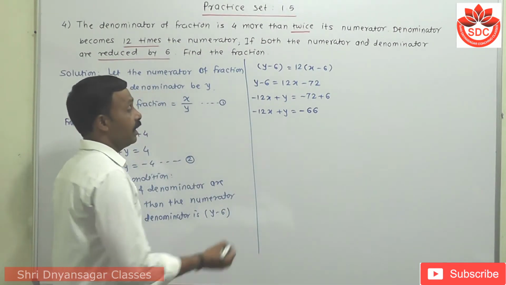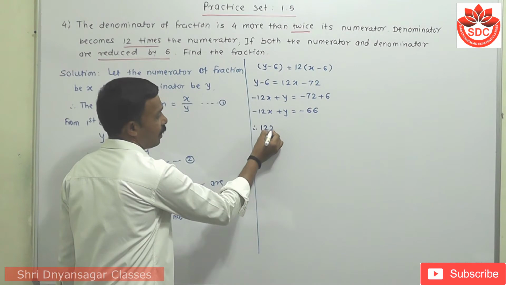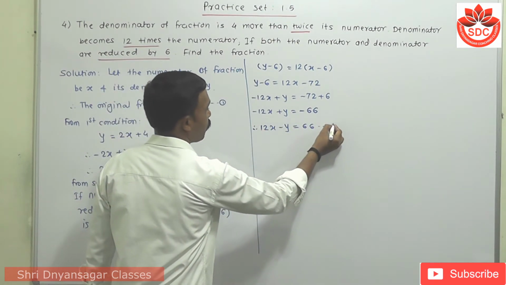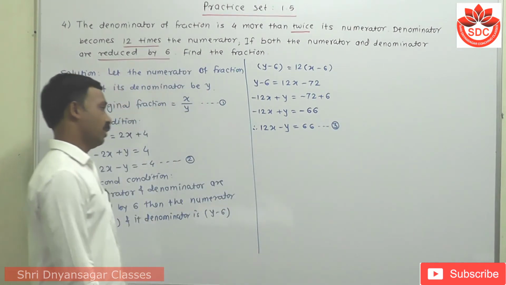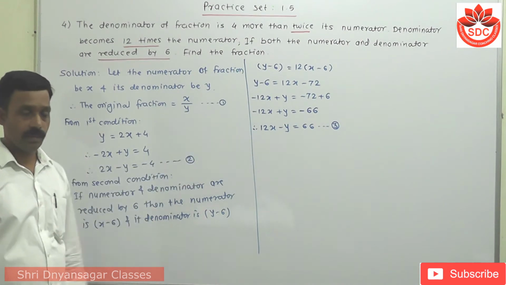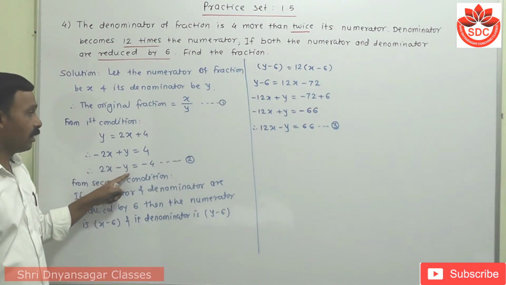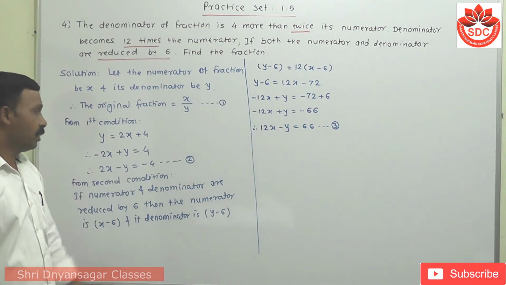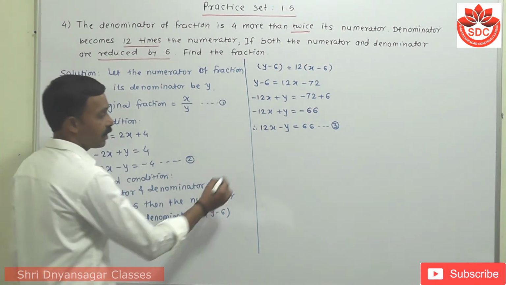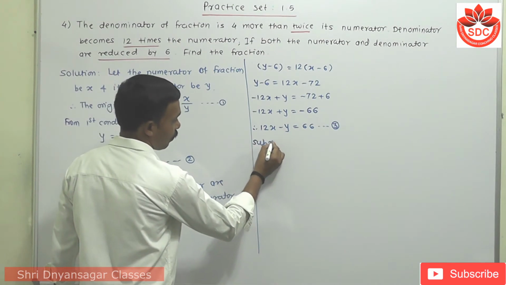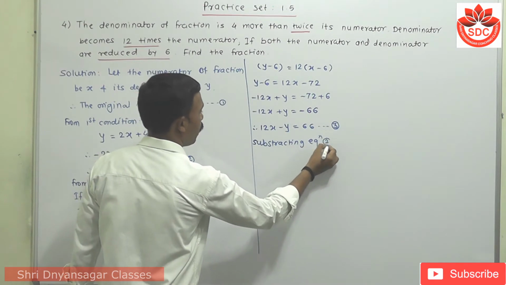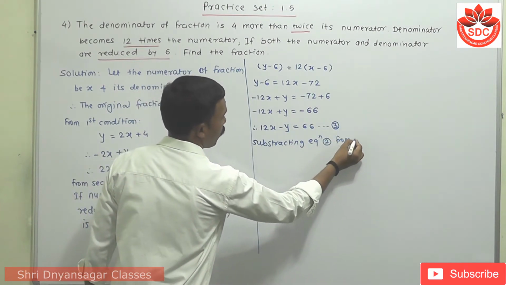Then changing the signs, we get 12x minus y is equal to 66. Suppose that this is equation number 3. Then observe equations second and third. If we subtract the second from the third, we get the value of one variable. So I write here: subtracting equation second from equation third.